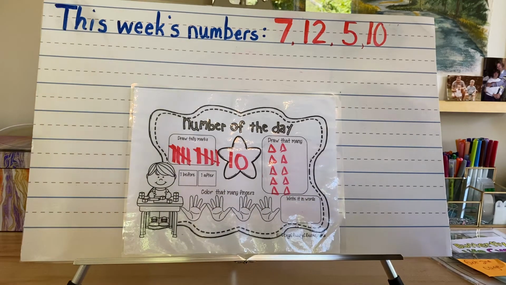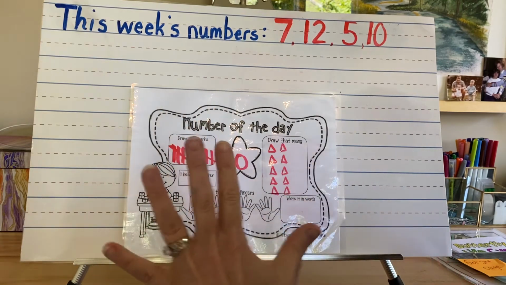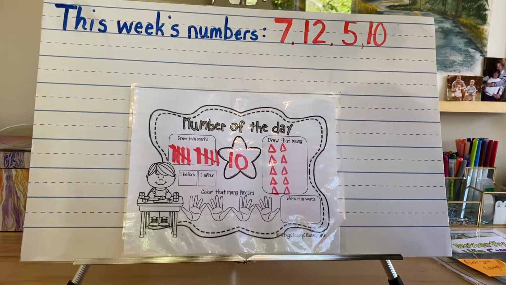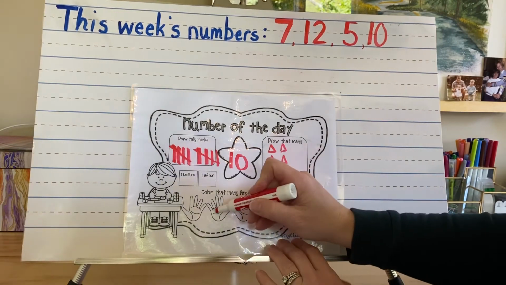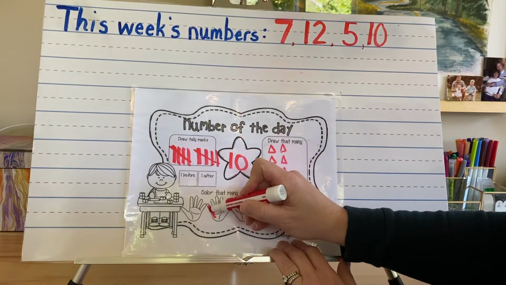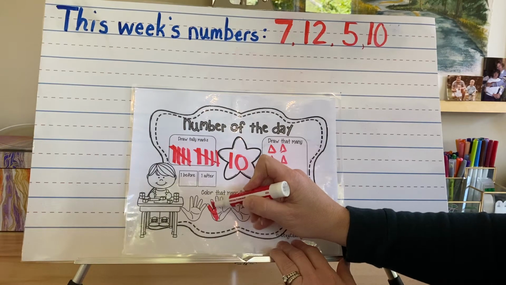See how that works? Okay, well then let's go down to the hands, because we need two groups of 5 down at the bottom, and we know one hand has 5 on it. So we're going to color how many hands? Right, we're going to do two groups of 5. So you choose any 2 hands you want and color those in.